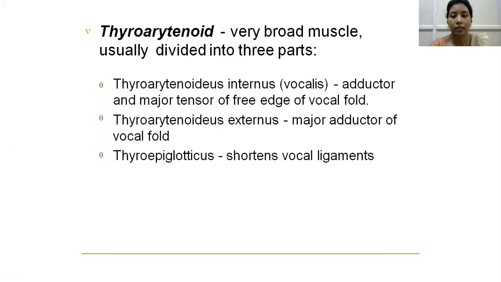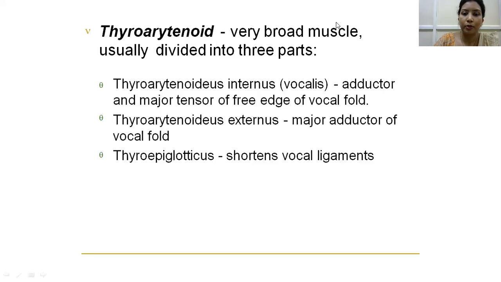The only abductor is your posterior cricoarytenoid. Adductors are your lateral cricoarytenoid, transverse arytenoid, cricothyroid, and this externus part of thyroarytenoidus. The tensors of vocal cord: the main tensor is your cricothyroid muscle, which is supplied by your superior laryngeal nerve.